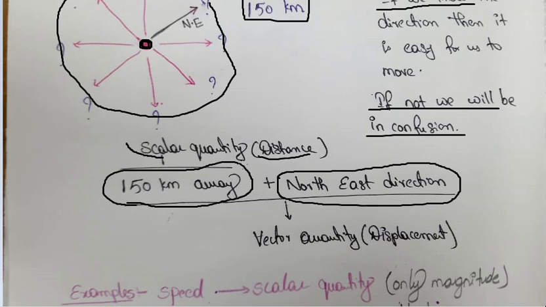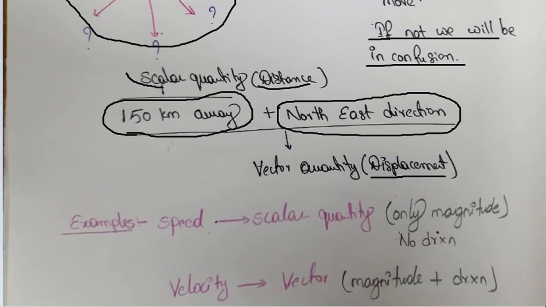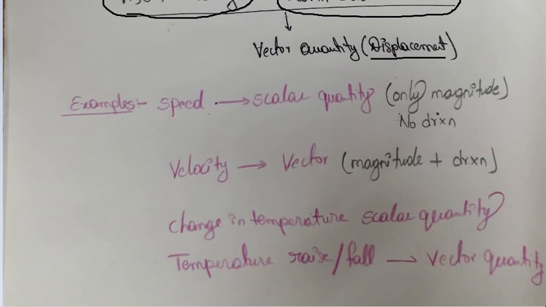So distance can be considered a scalar quantity, whereas displacement will be considered a vector quantity.